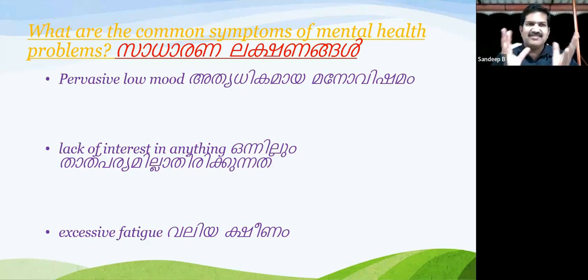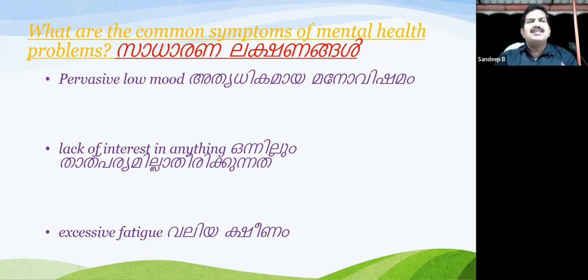When there is a cluster of symptoms in that kind of presentation, it can be depressive syndrome. So in depressive syndrome, the main cardinal symptoms are, one, from the word depression itself. The word depression means what? Sadness. So pervasive low mood, that excessive sadness, that is one cardinal symptom.